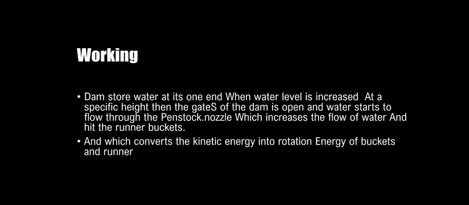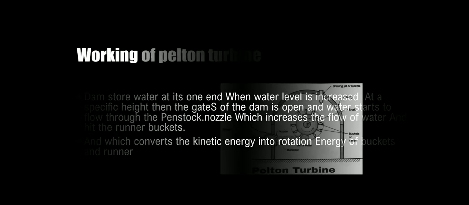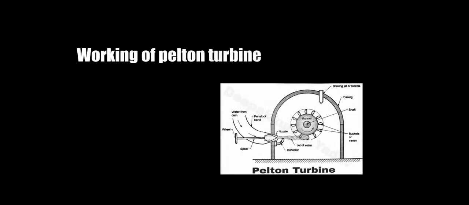Now I will explain the working of a Pelton turbine. See, behind the dam the reservoir is present. The water from the reservoir is taken through the penstock at a higher pressure and is given to, or hits, the buckets of the Pelton turbine.